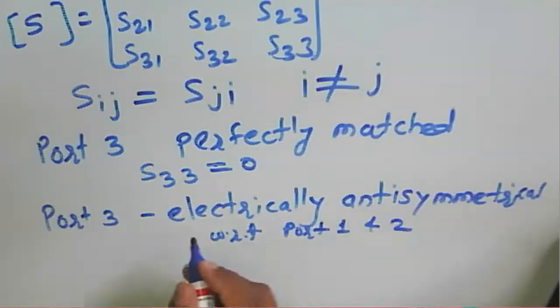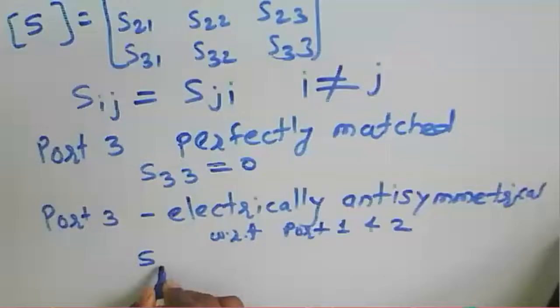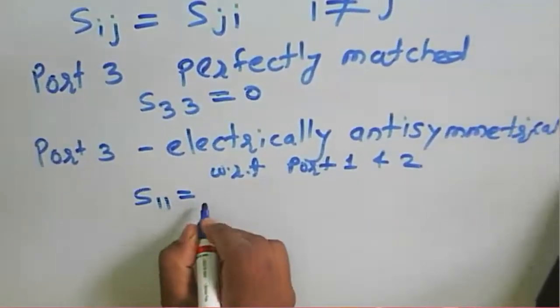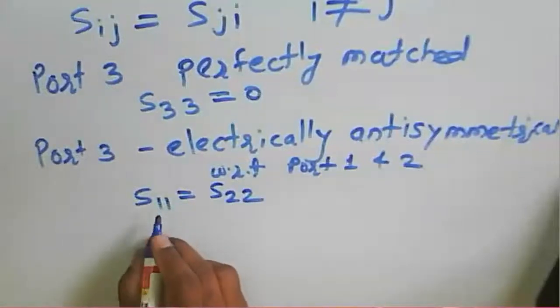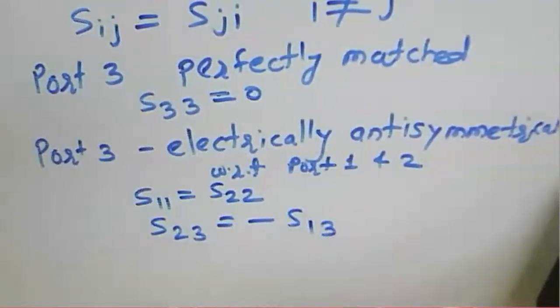So as per the symmetrical property, we write S11 is equal to S22, and S23 is equal to minus S13.